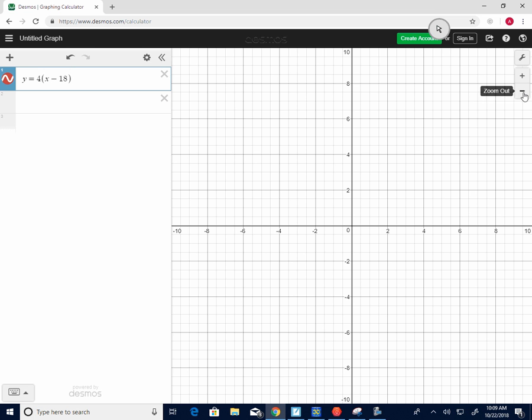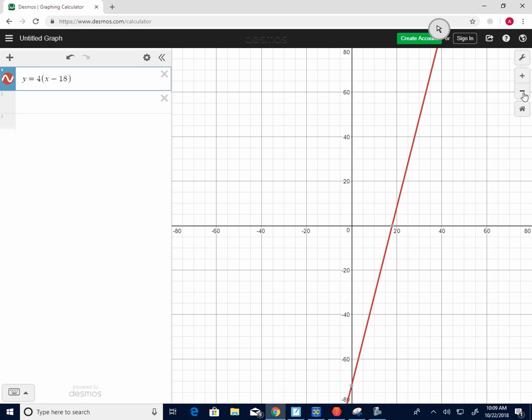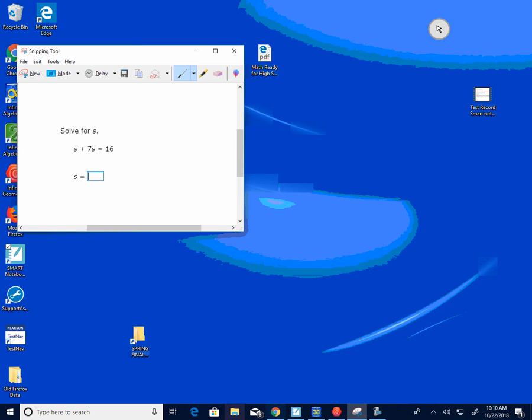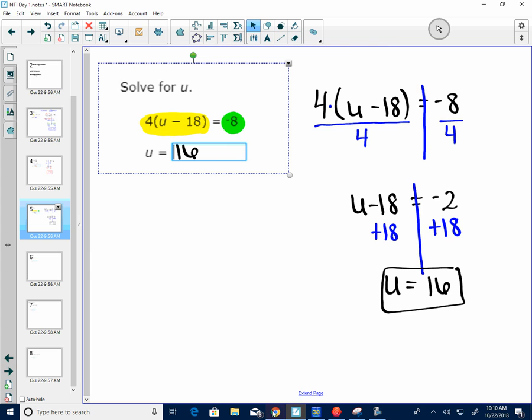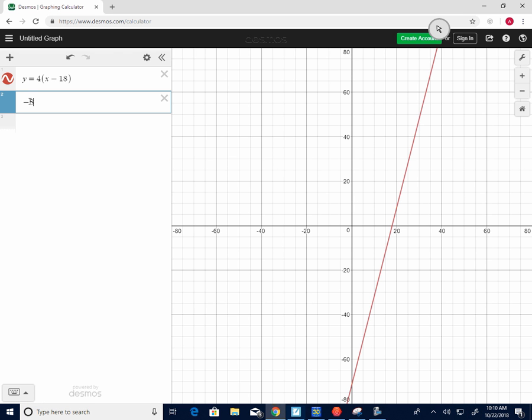And so we might have to zoom out to see our line. You can fiddle with the settings on that. And then everything on the right-hand side, which is a negative 8, would go in the second line.